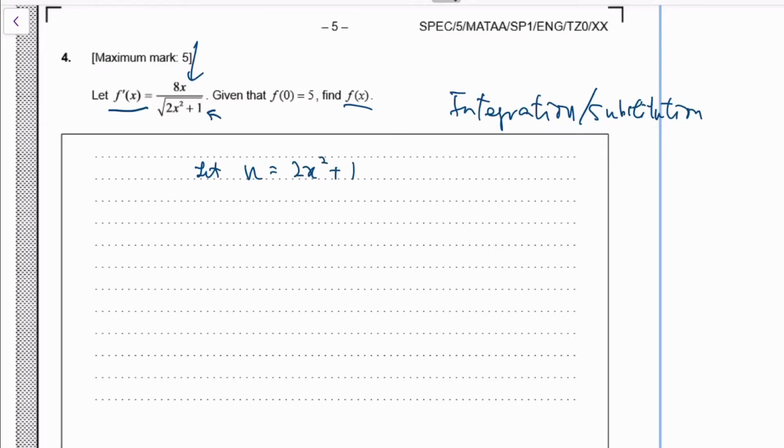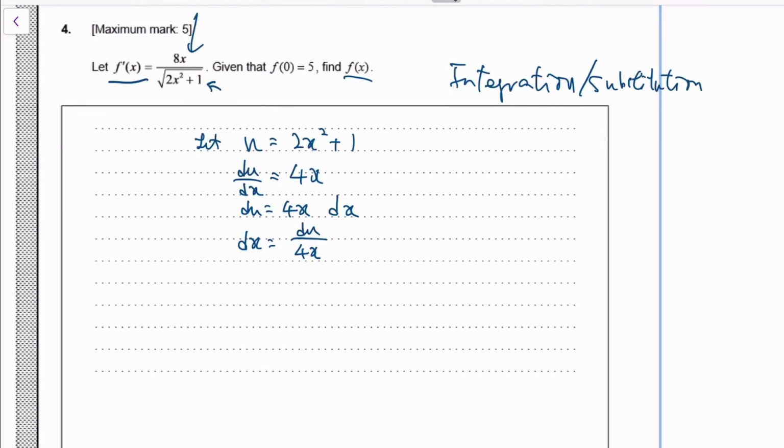So normal procedure of doing substitution, you differentiate both sides with respect to x. So differentiate this. You make the dx the subject, so by that you would multiply the x to the right. It's not technically a multiplication, but close enough. Then dx is du over 4x. You substitute it in.